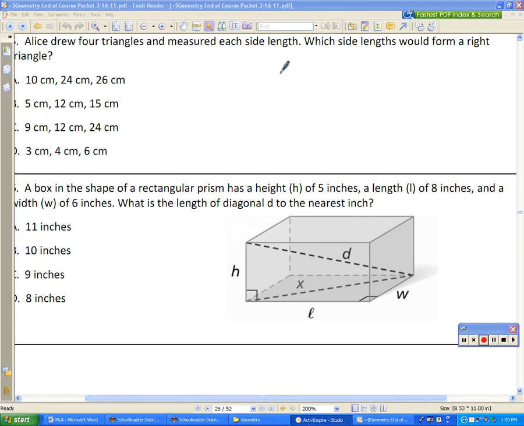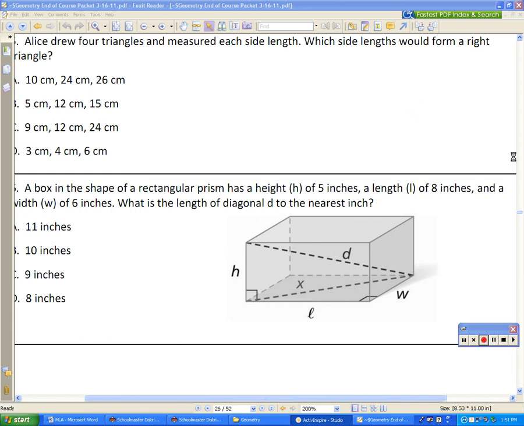So 5 squared plus 12 squared, does that equal 15 squared? 5 squared is 25, 12 squared is 144, and unfortunately 15 squared is 225. Does 25 plus 144 equal 225?